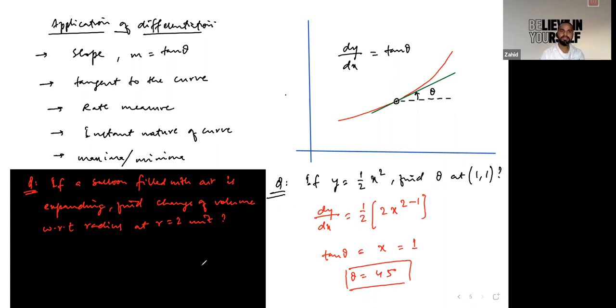Is it clear? So we have a problem in which a balloon filled with air is expanding, and we have to find the change of volume with respect to its radius.